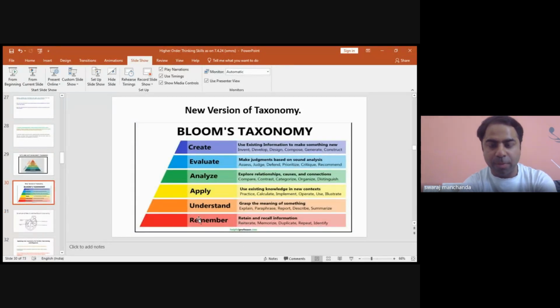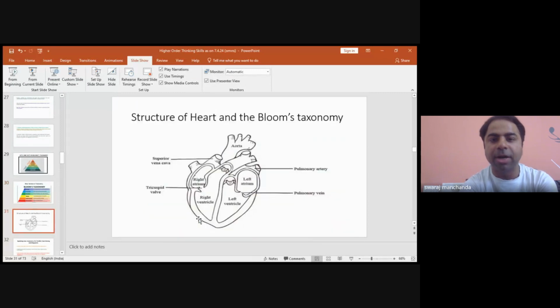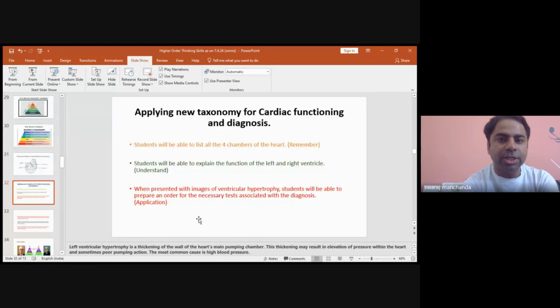So the new taxonomy is focusing on changing the teaching pedagogy. I have taken an example of the structure of the heart to understand how the new Bloom's taxonomy works. Cardiac arrest example has been taken here. It's a high level example, but you can simply use these levels to teach cardiac arrest also using Bloom's taxonomy.